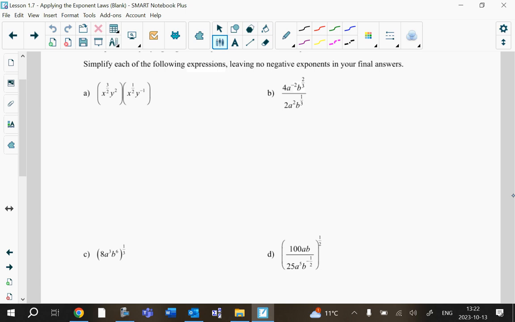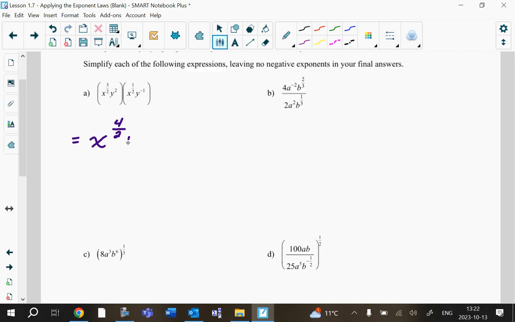Just multiplying's going on. What do you get when you multiply these two together? When we multiply the two powers of x that we see there, what do we get? What do we do with the exponents? Add the exponents.